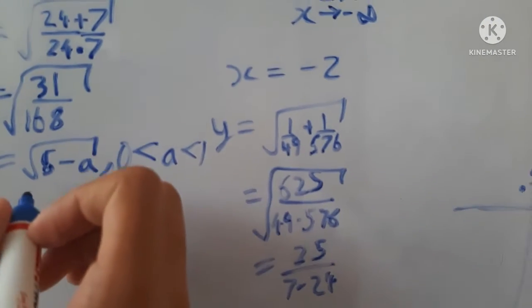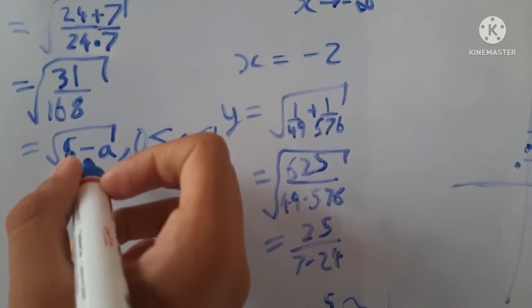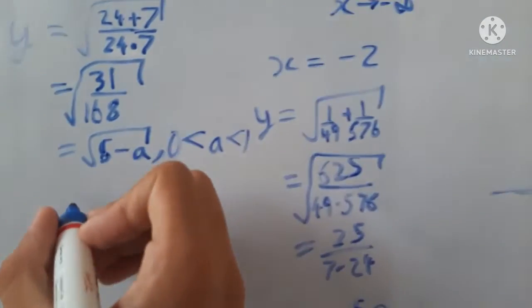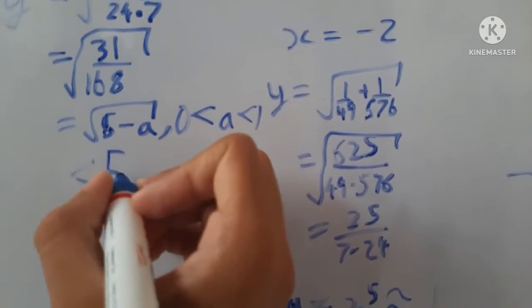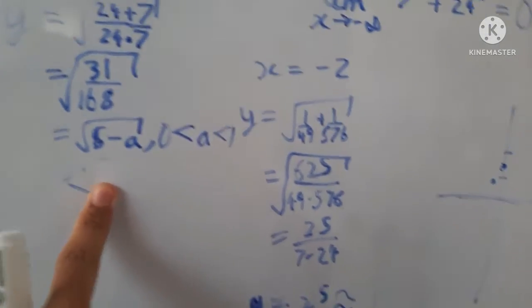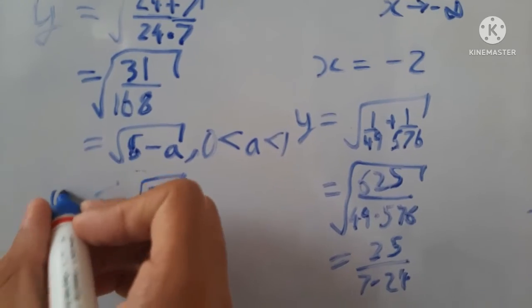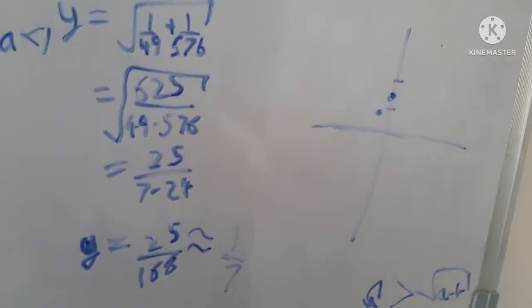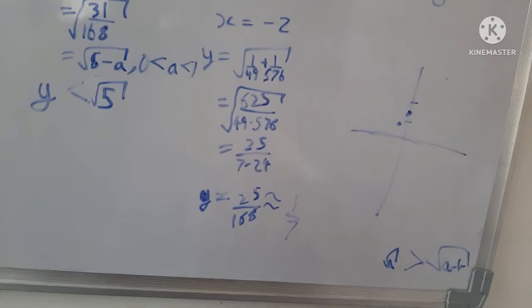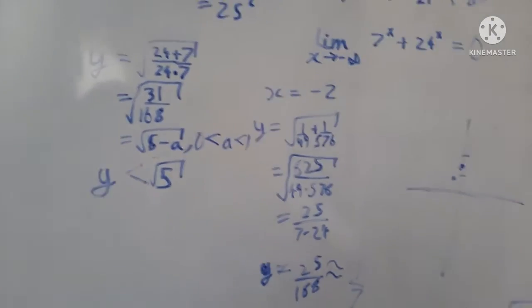So y is going to be less than the square root of 5.